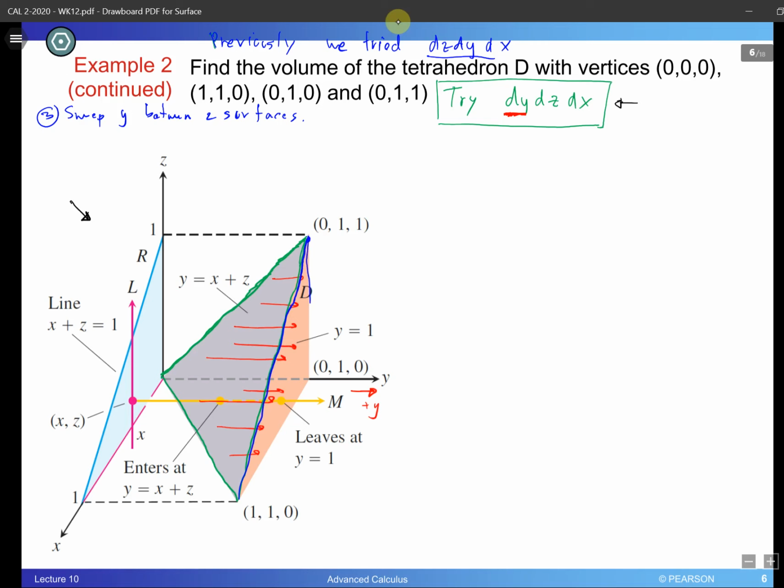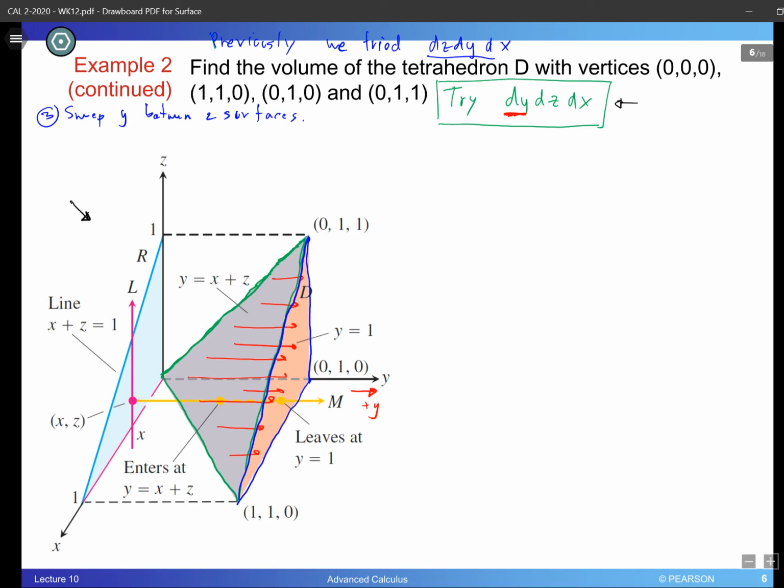Okay, all right, give me some time to work on this. So there you go. Okay, so we are sweeping from the green plane to the blue plane. So that's how it looks when we sweep the y variable between two surfaces.